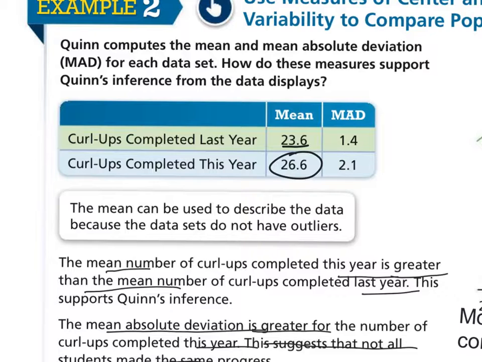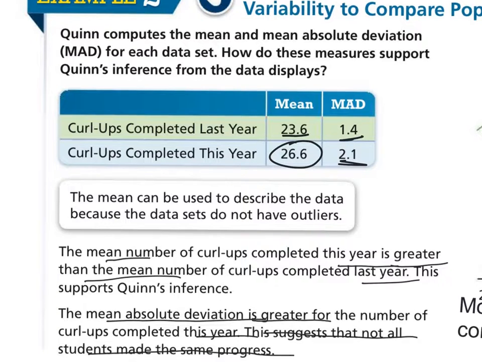Mean absolute deviation is 2.1 versus 1.4. So mean absolute deviation tells us that a little bit higher this year means on average there was more variation. The numbers were more spread out this year than last year, is what we can tell by that.